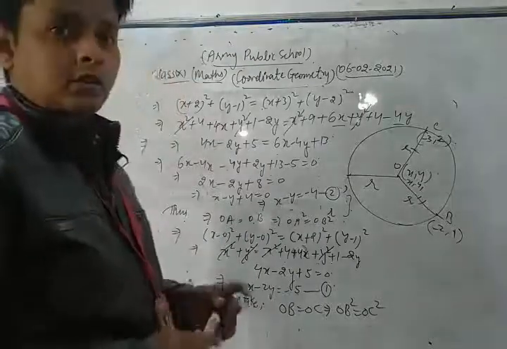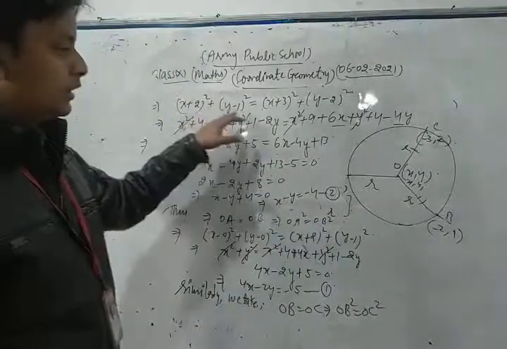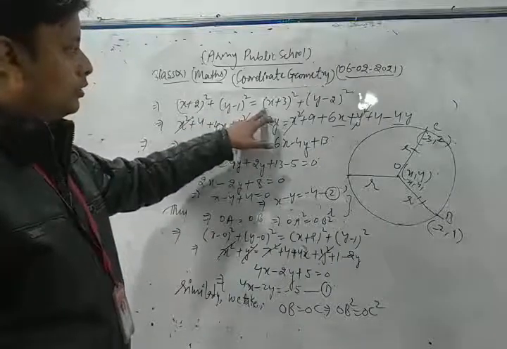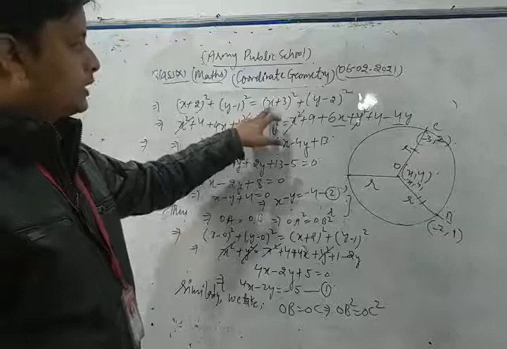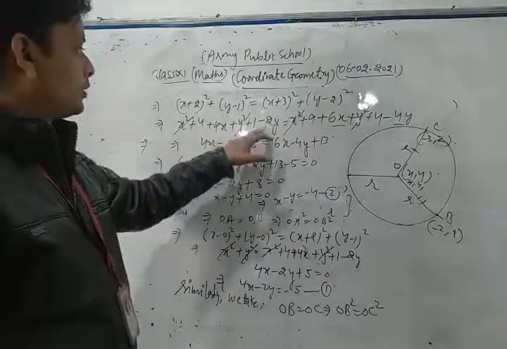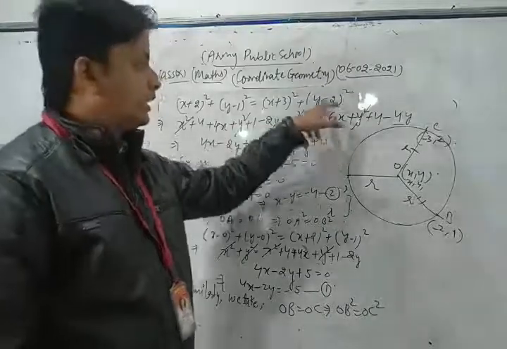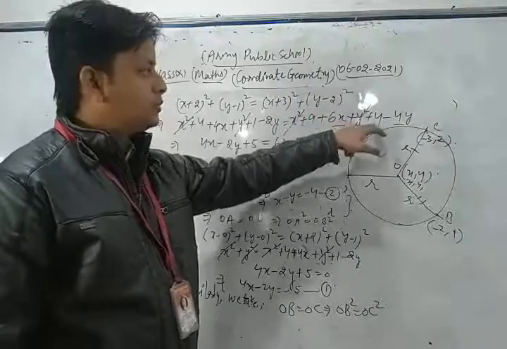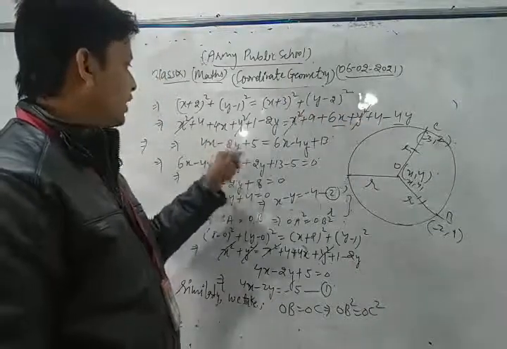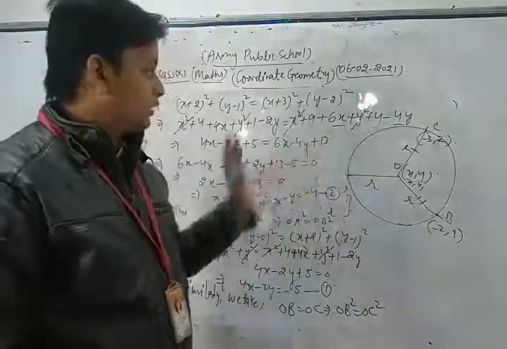Let's see once more what method we apply here for OB: x1 minus x2, so x plus 2 whole square, plus y1 minus y2, and x1 minus x2, so plus 3 whole square, and y minus 2. Now a square plus b square plus 2ab, 2 times 3 is 6x here, and a minus b whole square gives a square plus b square minus 2ab. So 4x minus 2y plus 5 on one side and 6x minus 4y plus 13 on the other.